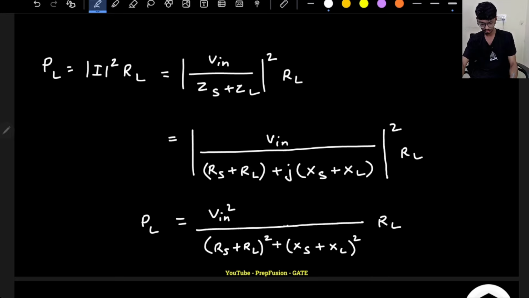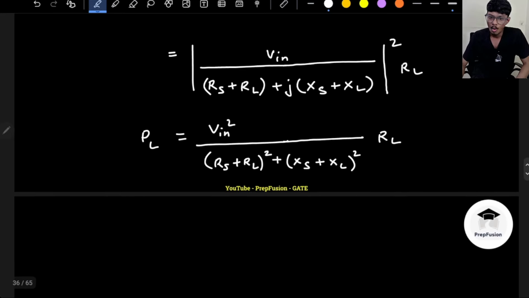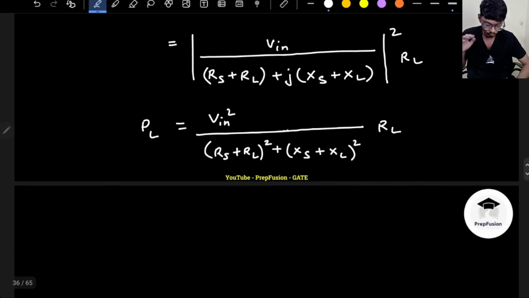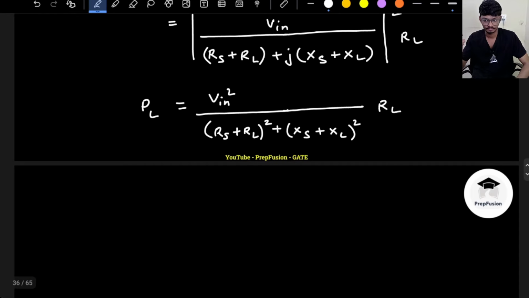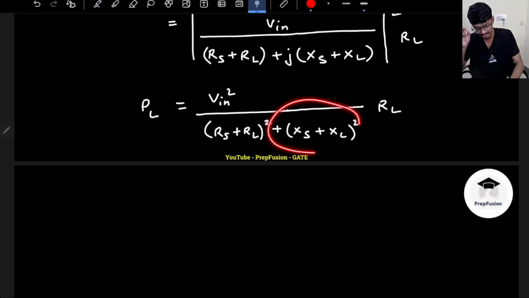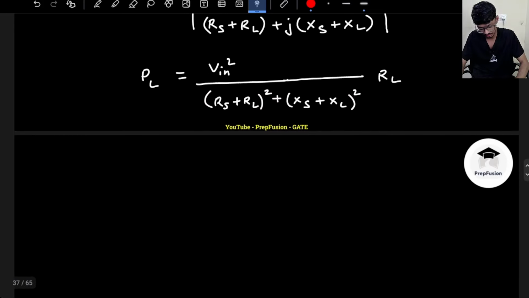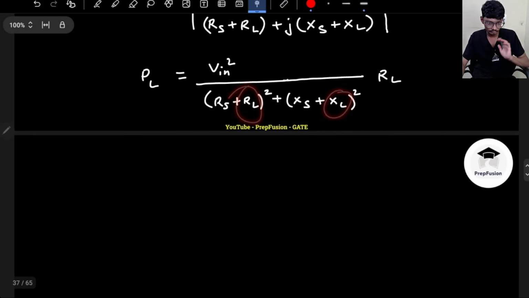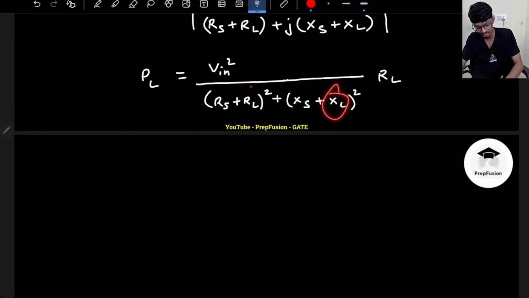That is my power. Now what we will do, we will first differentiate with respect to XL. So we will first see the condition for XL, then I will differentiate with respect to RL, and there is a reason. I will explain the reason. Okay. So first, because here two things are varying, right? So first I will change this, then I will change this.